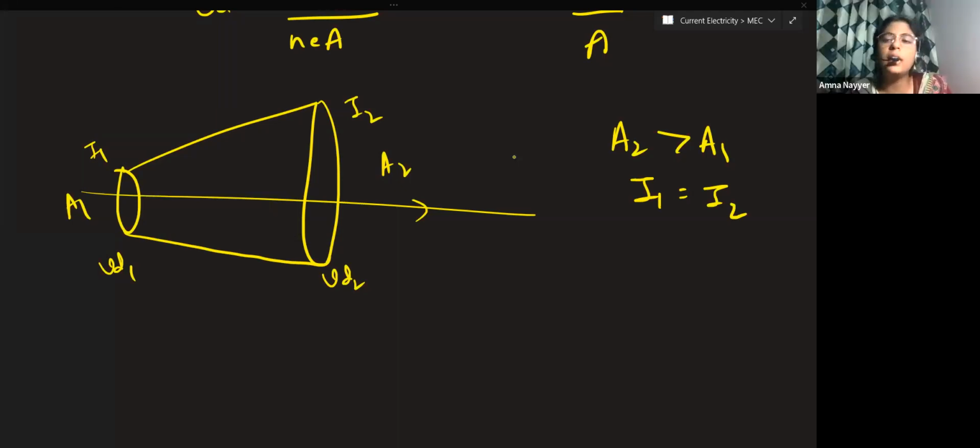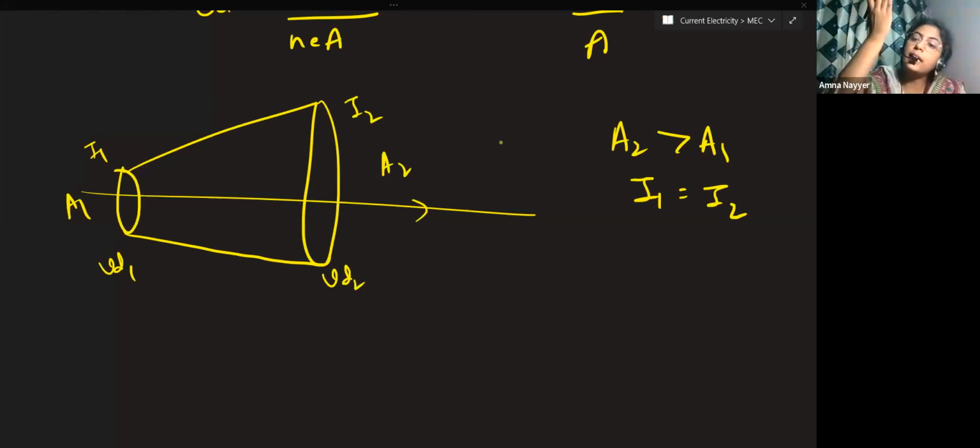See, if one quantity is inversely proportional to the other, then the ratio will be opposite. If A2 is greater than A1, then drift velocities will be opposite. VD2 will not be greater than VD1 because A2 is greater than A1. If area is high, it means velocity of that region will be low.